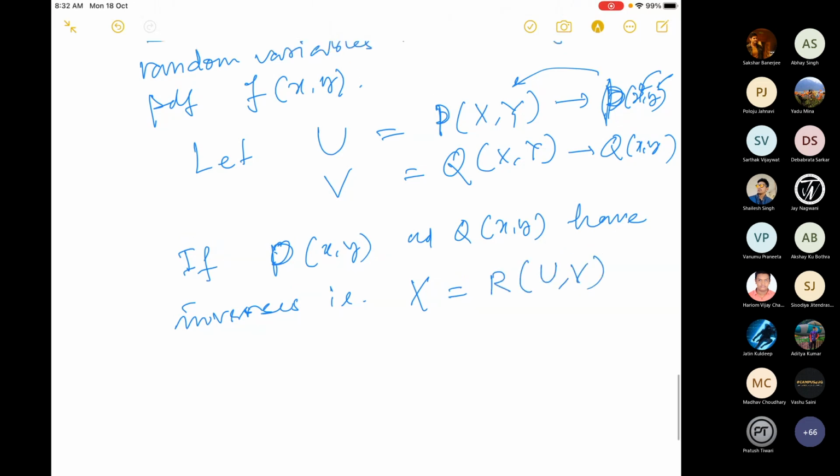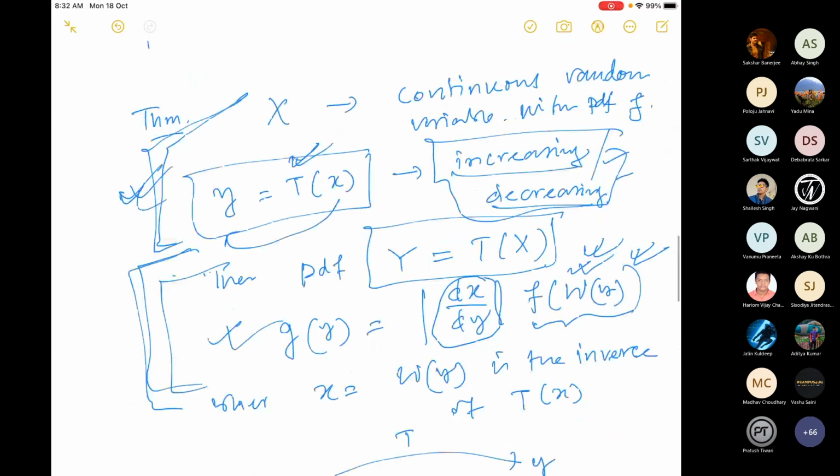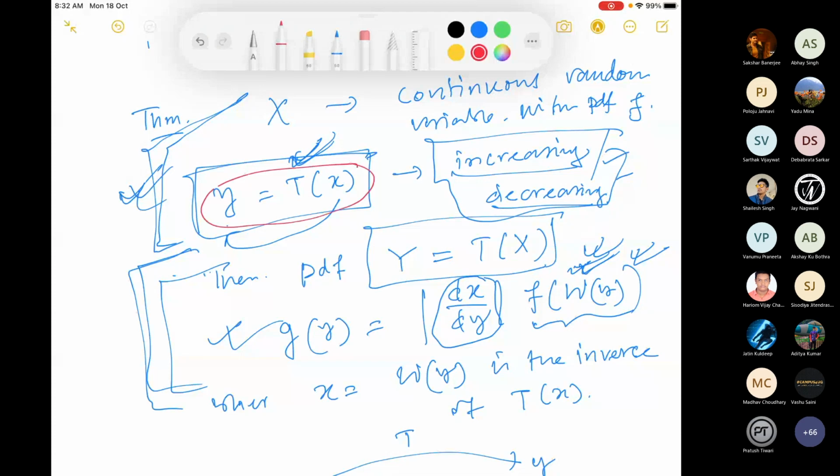The same thing as here, where we had the function t and then we had a function w. If you write y as t of x, then here you are writing x as w of y. So in this sense, it is the inverse.